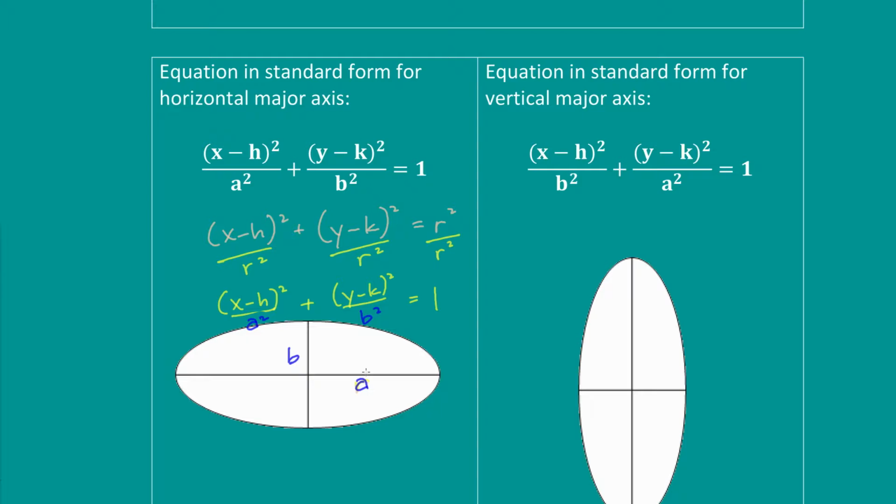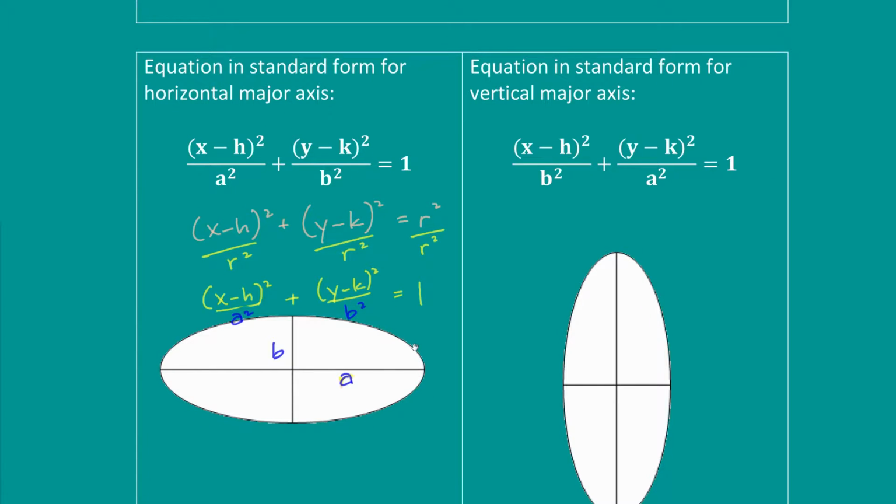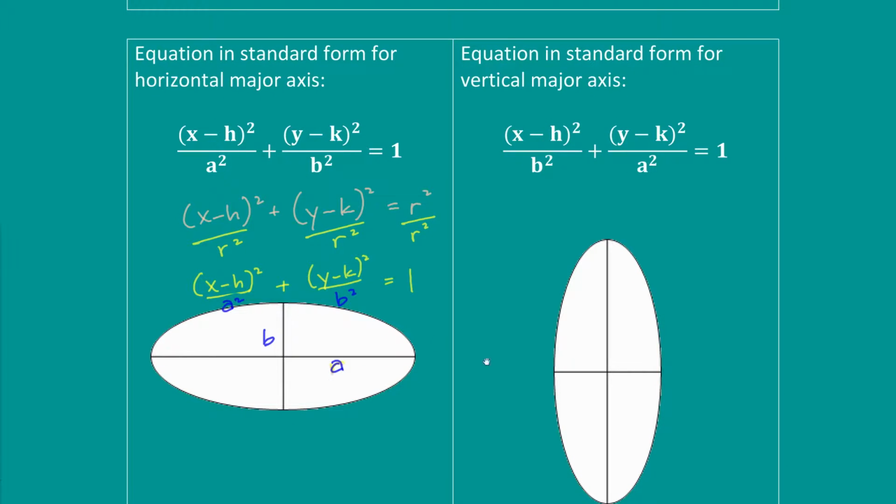You're just going to have slightly different radii. They make the distinction between the major axis being our a value and our minor axis being the b value.